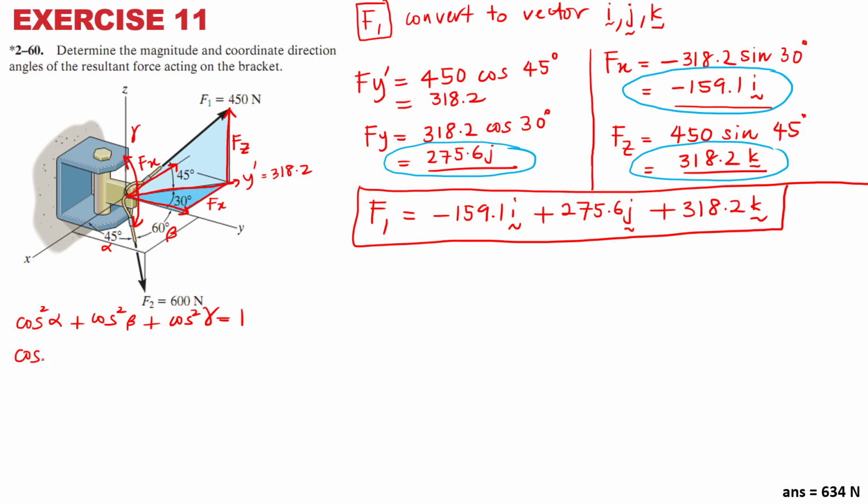So, cos 45 degrees. Never mind, I'll write again. Cos 45, cos squared 60 plus cos squared gamma is equivalent to 1.